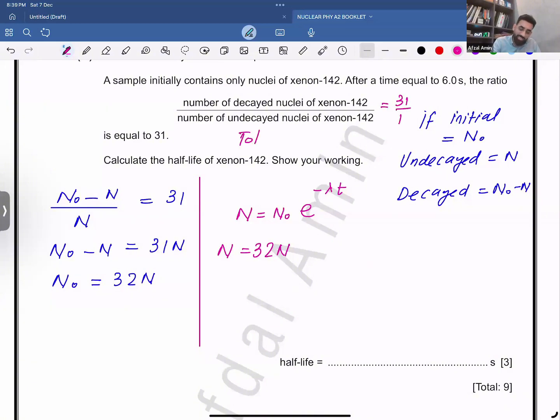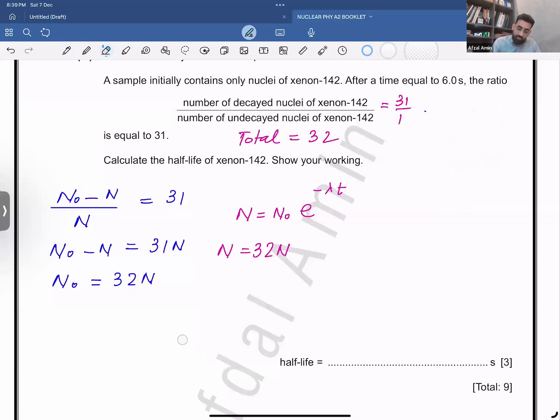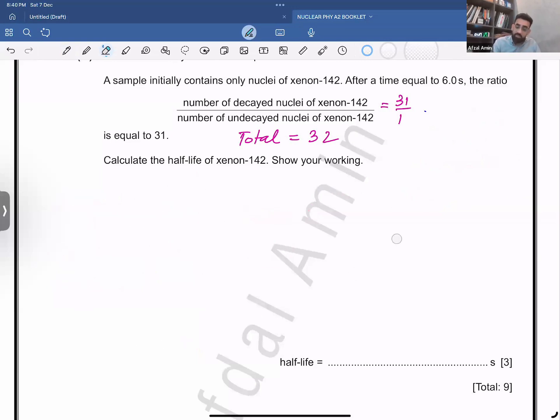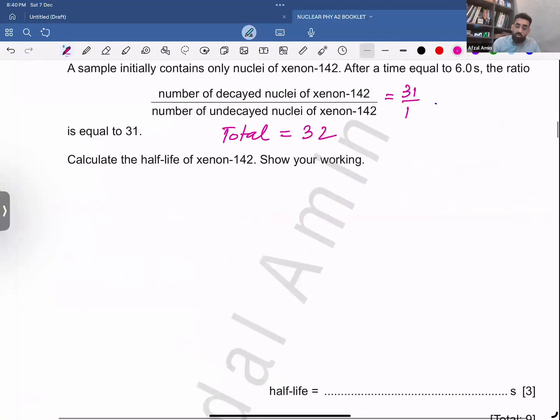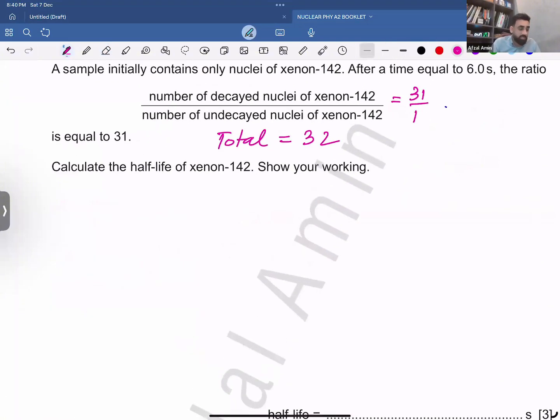So it means total is 32. Easy. Can we do this? Yeah, that's easier. No need to do all that hard work. So 31 over 1, so it means total is 32.